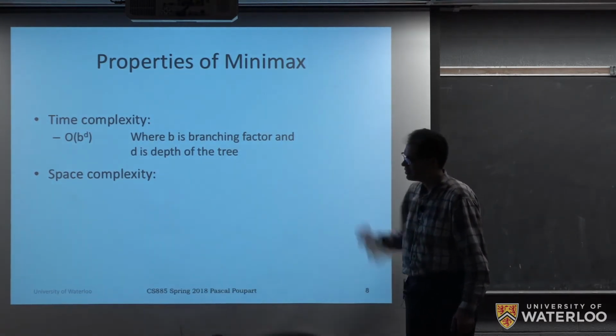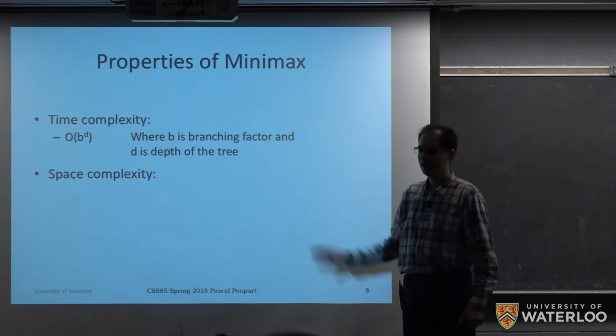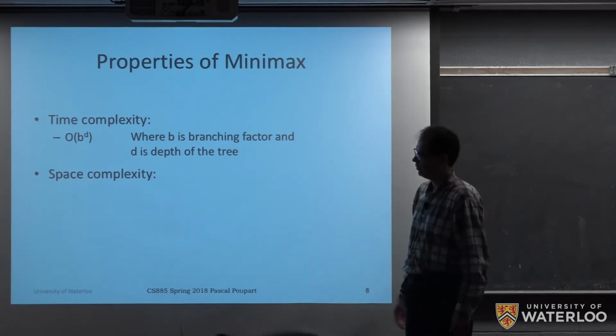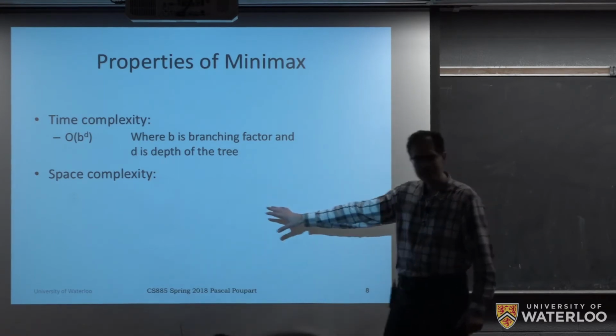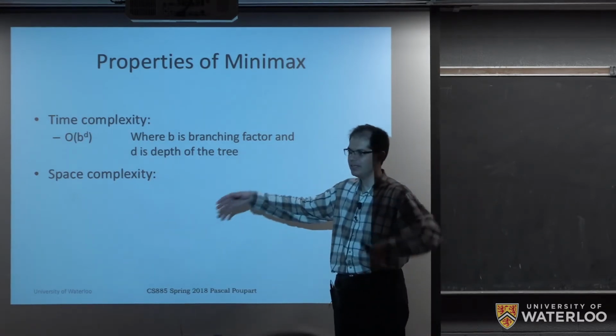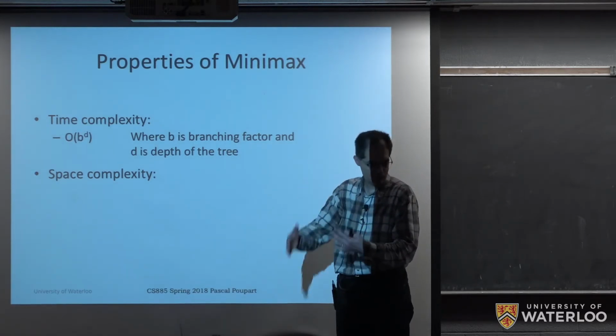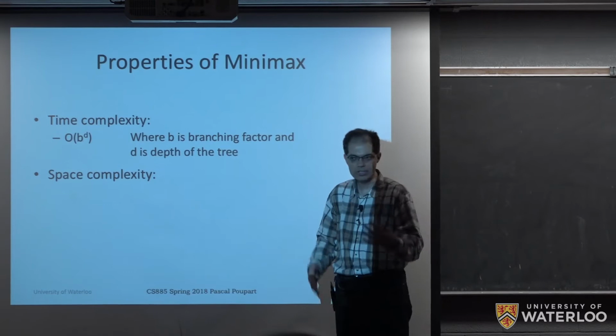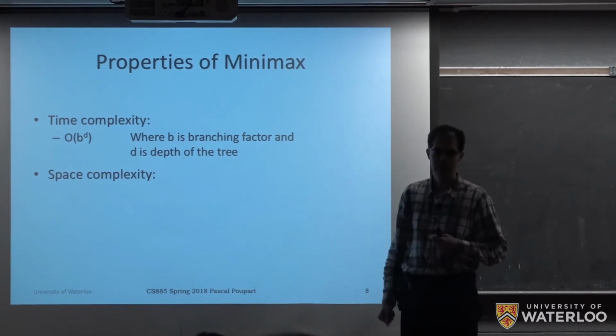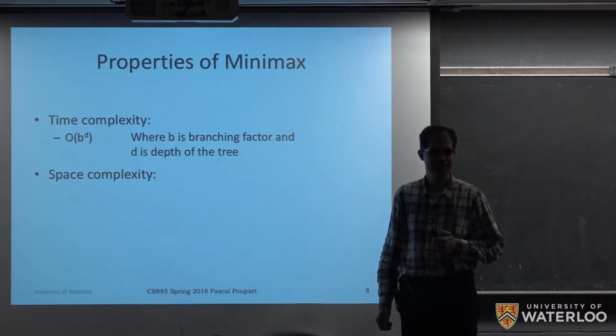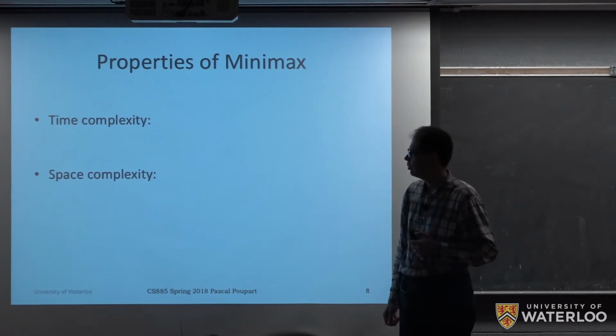Okay, now for space complexity, it's actually a little bit better. So here, can anybody guess how much memory this algorithm for doing minimax search will need to work accurately? So let's just go back.